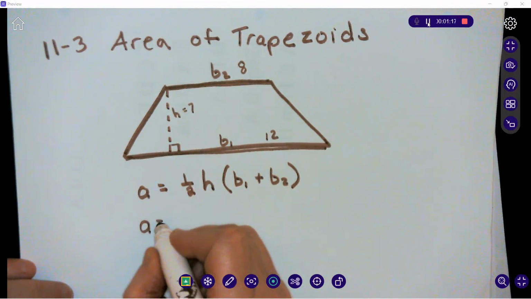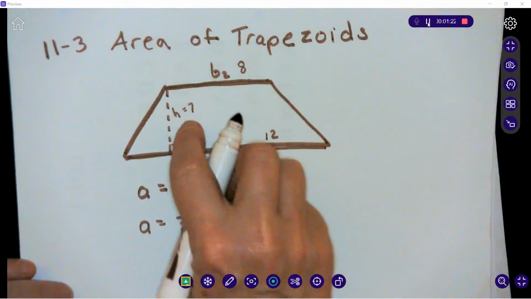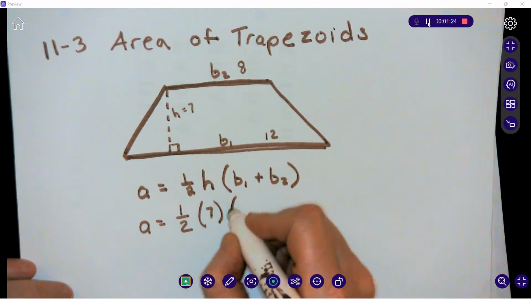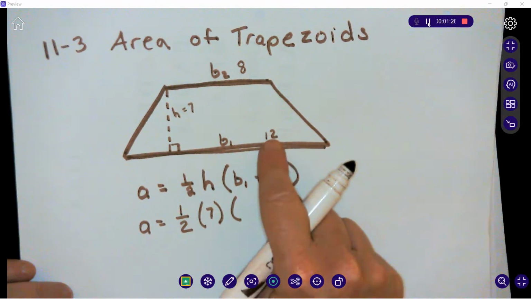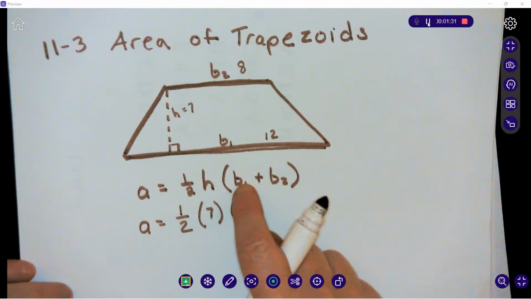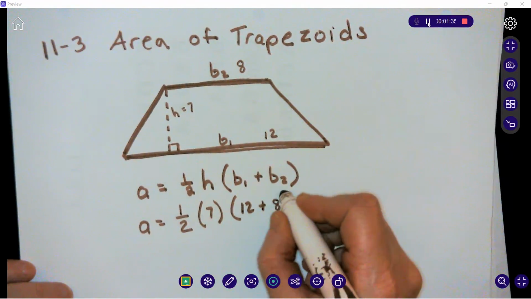The area of this trapezoid would be 1/2 times the height, which is 7, times the sum of the two bases. This base is 12, which would be base 1, plus base 2, which is 8.